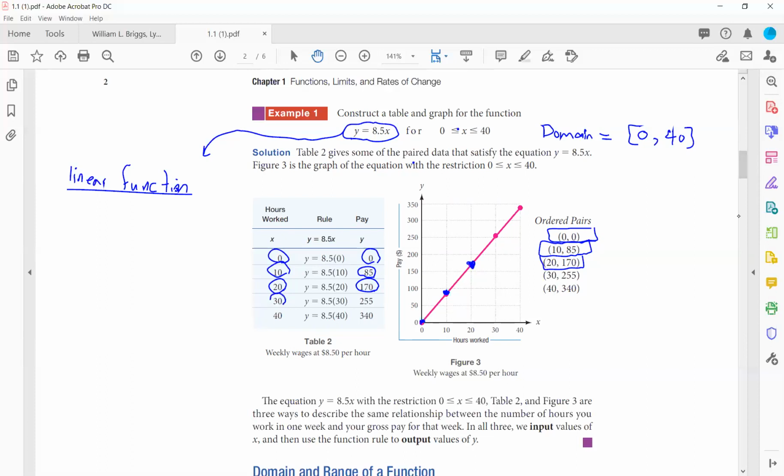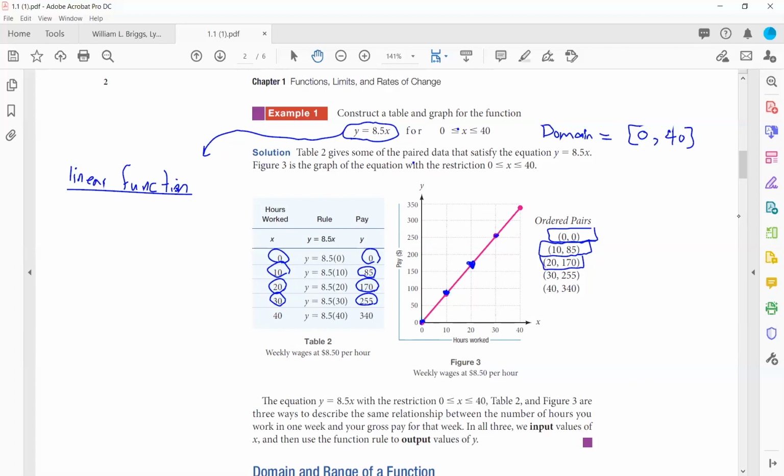Let us plug in 30. y is 8.5 times 30, which is 255. This is your next point, 30 and 255. The last number in your domain is 40. It means that you cannot plug in 50, 60, 70, 100.